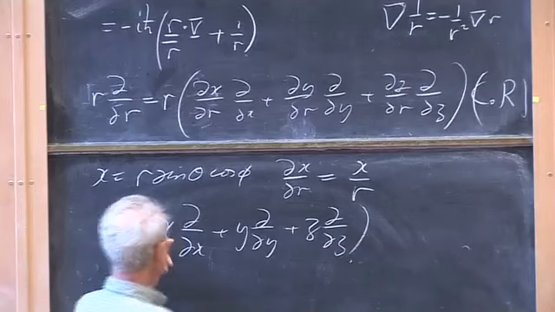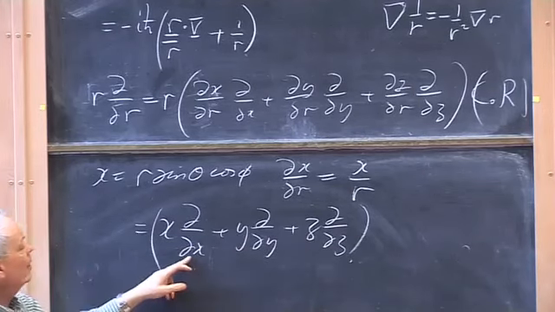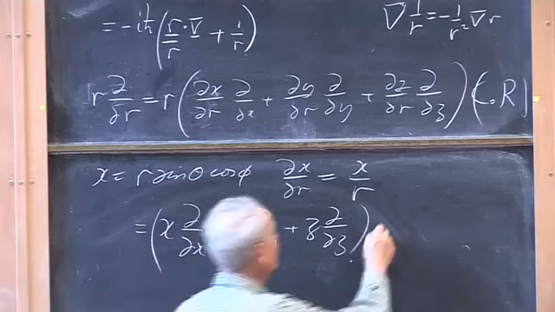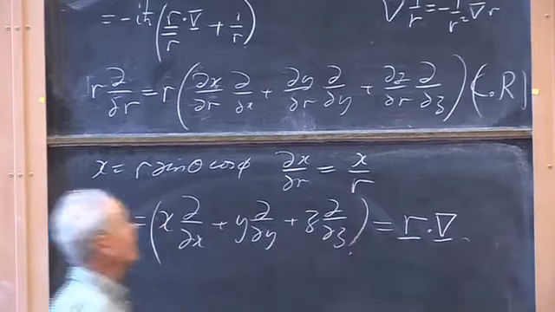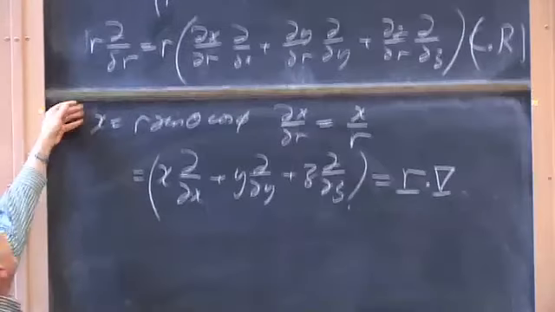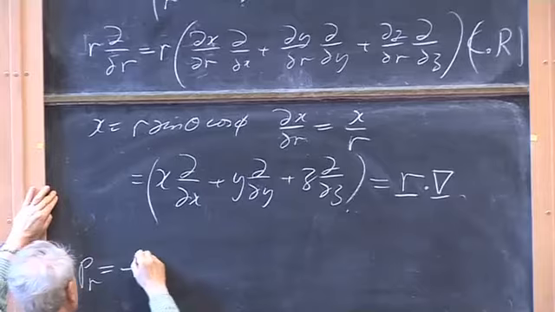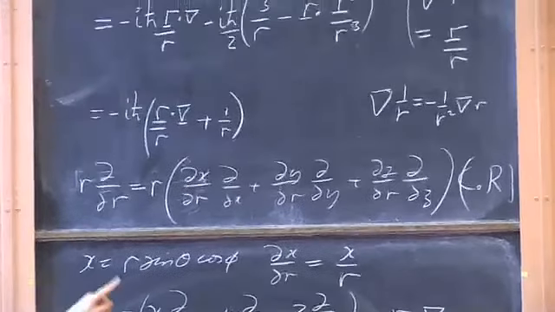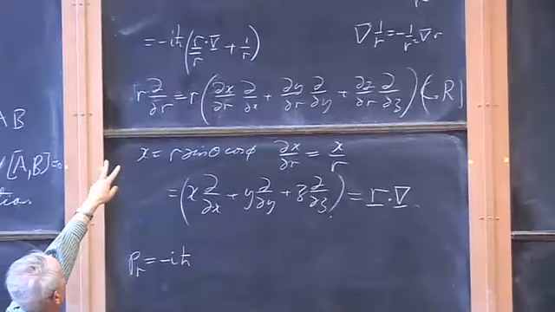And what's this? This is a vector product of x comma y comma z with nabla, d by dx, d by dy, d by dz. In other words, this is the animal that we're interested in, r dot grad. So I have now that PR is equal to minus i h bar r dot grad, which we've just agreed is r d by dr. So those r's go away, and we have d by dr plus 1 over r.